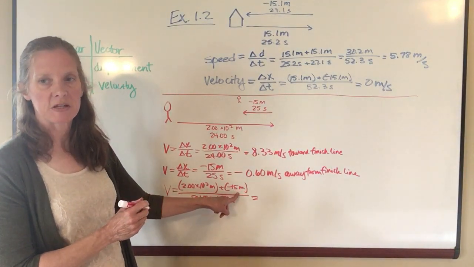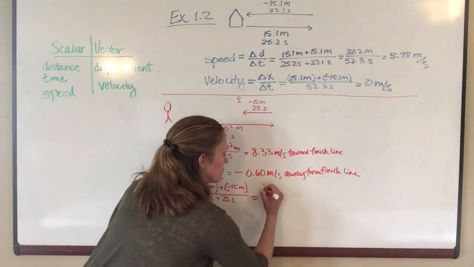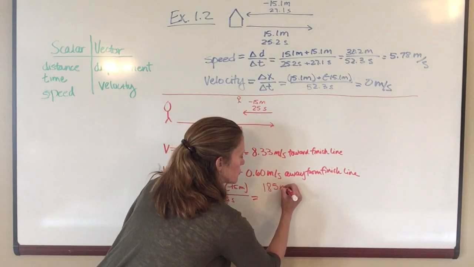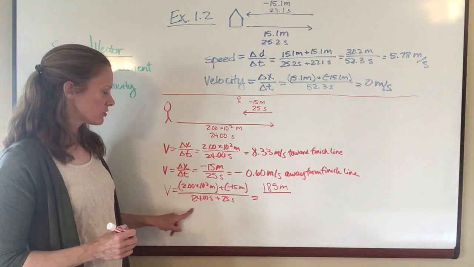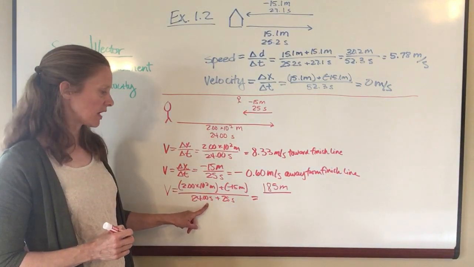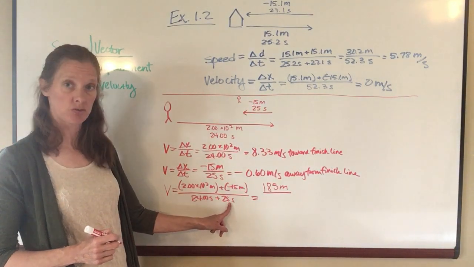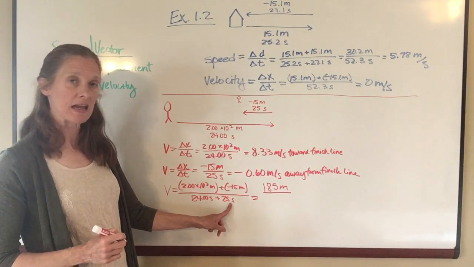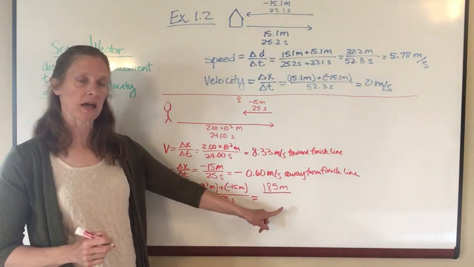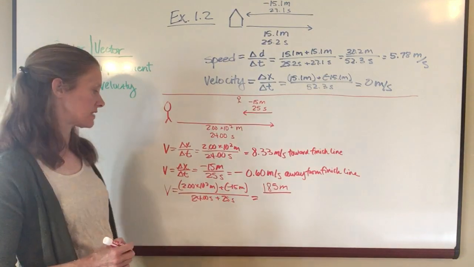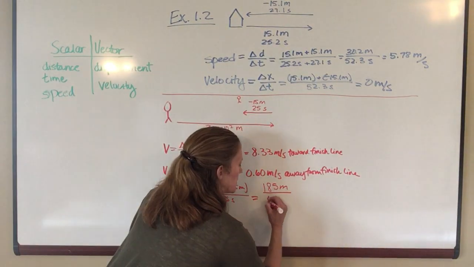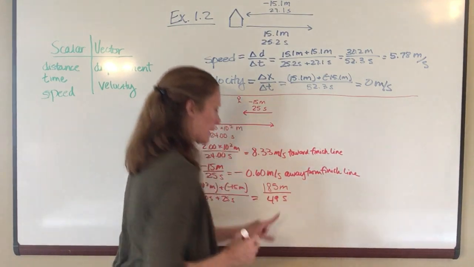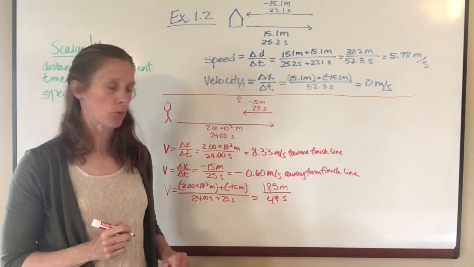So therefore, that means that I'm going to have 185 meters on the top. If you notice down here, this first time was taken out to the hundredths place, but this was only taken to the units or the ones place. And so my answer when I add is only going to be able to go to the units or the ones place as well. So when I add 24 plus 25, I'm going to get 49 seconds, but I'm not going to have anything after the decimal point.